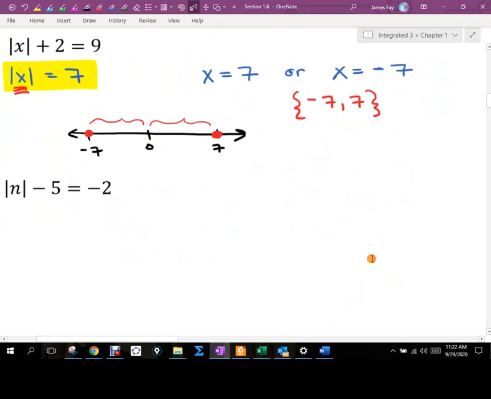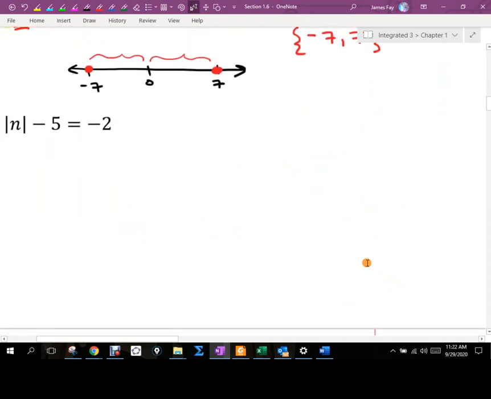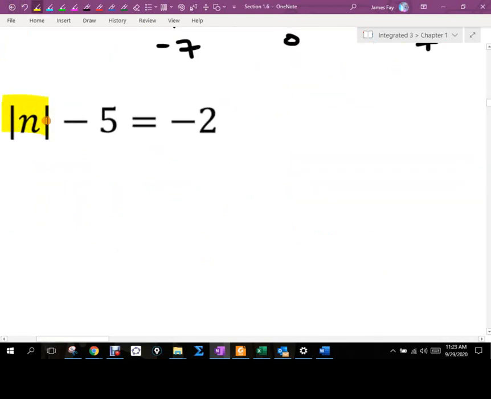Okay. Let's go down to this next example. Are my absolute value bars by themselves here? Are those isolated? Nope. So what do you have to do? Add 5. So that's going to give me the absolute value of n is equal to 3, right?